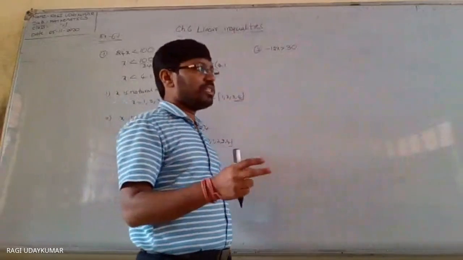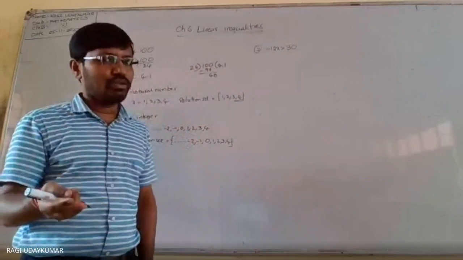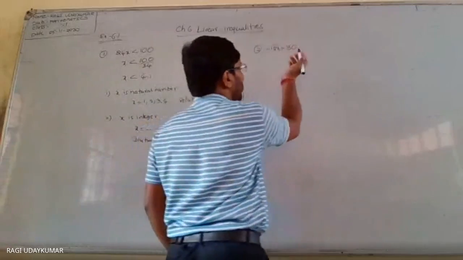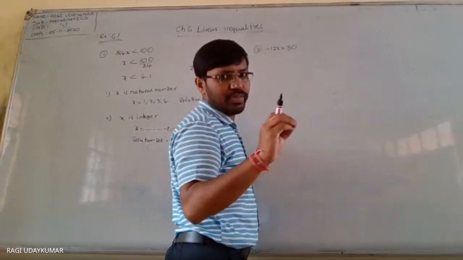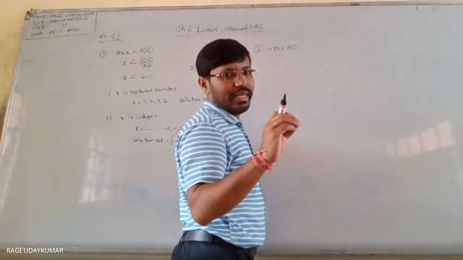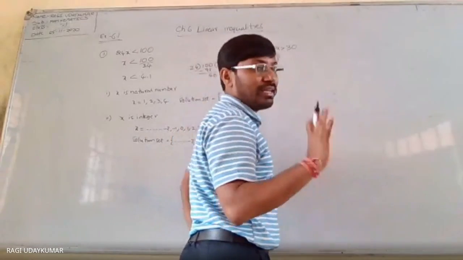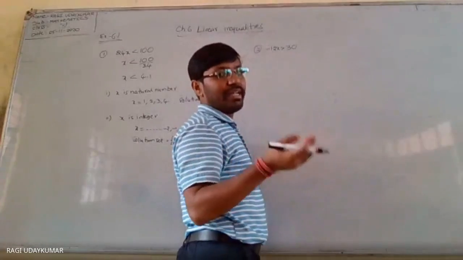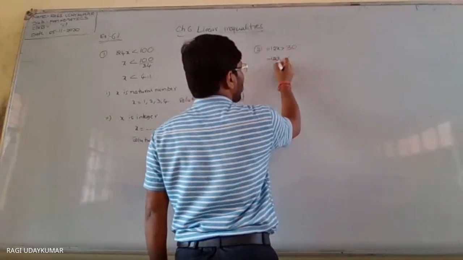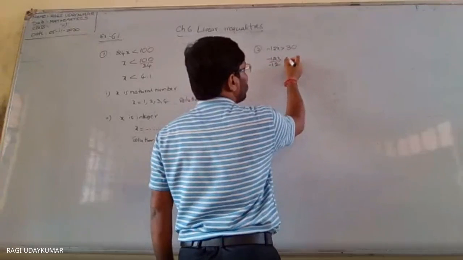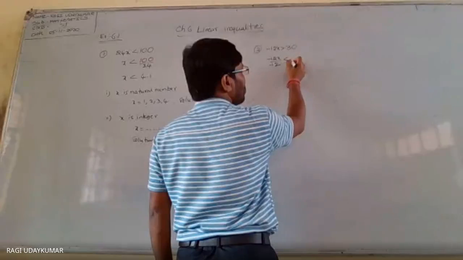So you have to divide by the negative number. Whenever you divide by a negative number on both sides, the inequality sign changes. Do remember that. If you subtract, it does not change. If you divide or multiply, it changes. So here I am dividing both sides by -12. So the inequality sign, greater than, will become less than.